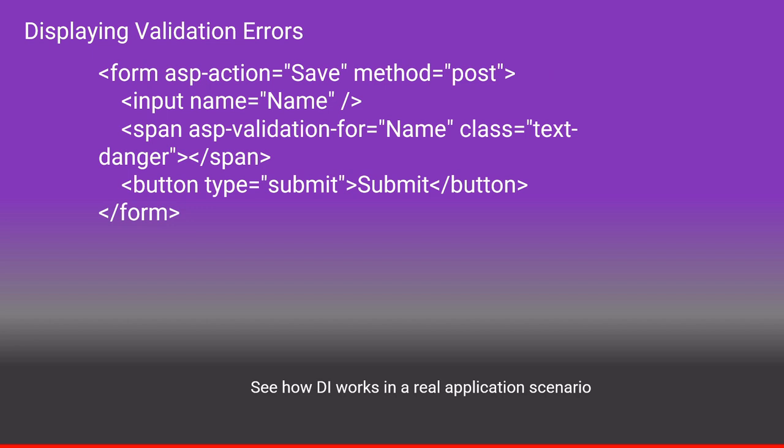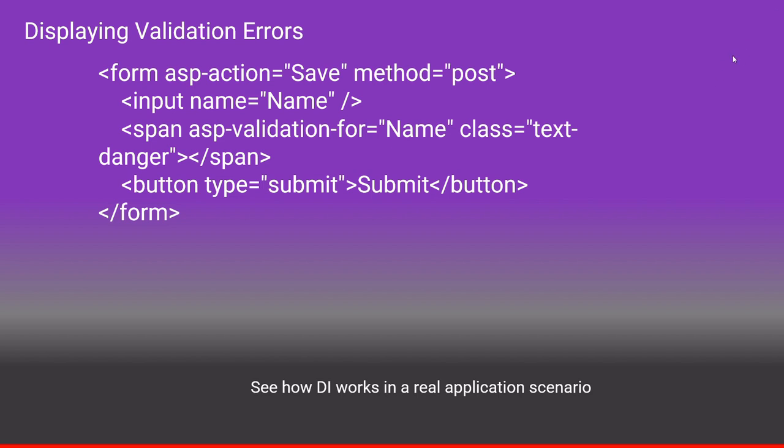To provide feedback to users, it is essential to display validation errors. Use the asp-validation-for attribute to bind error messages to specific fields in your form. This enhances user experience by clearly indicating what needs to be corrected.